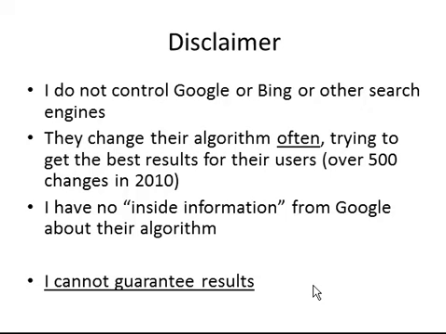While I have seen it work over and over again, and it is consistent with what others have held, I cannot guarantee results. Interestingly, Google tells people to use guaranteed results as a way to discriminate concerning the quality of SEO vendors. Since I cannot control Google, I cannot guarantee what they will do.